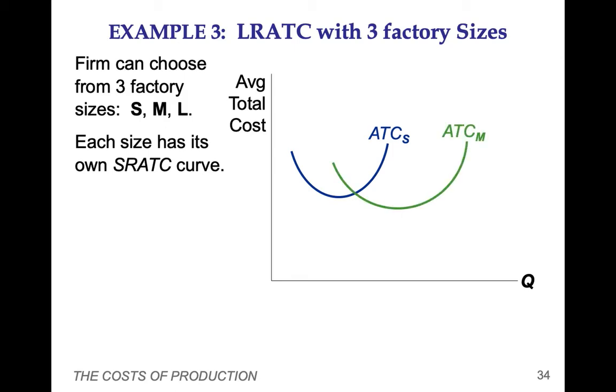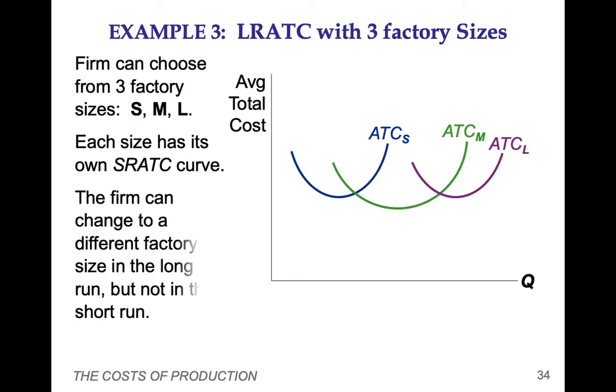The green curve represents the short run average total cost curve for the medium size. And the purple curve represents it for the large size. The firm can change to a different factory size in the long run, but not in the short run.